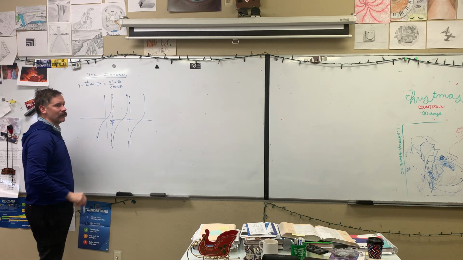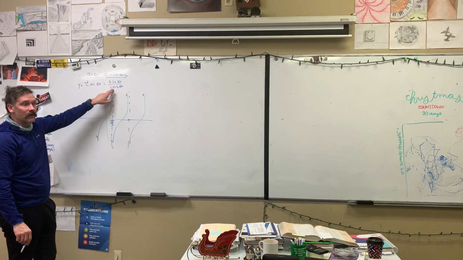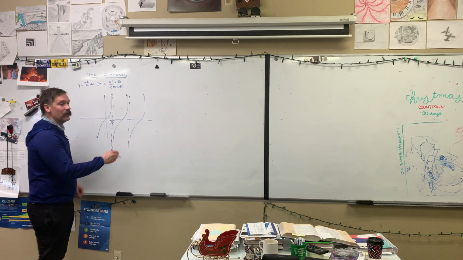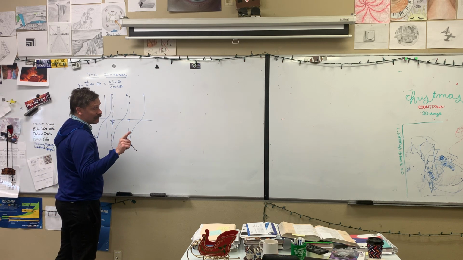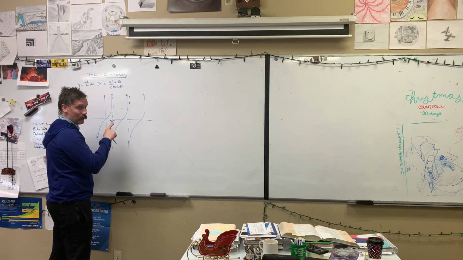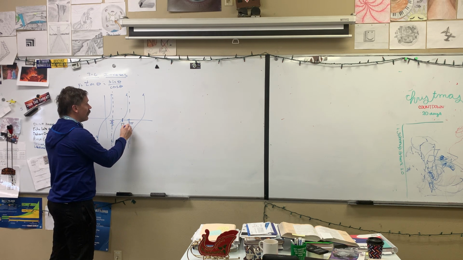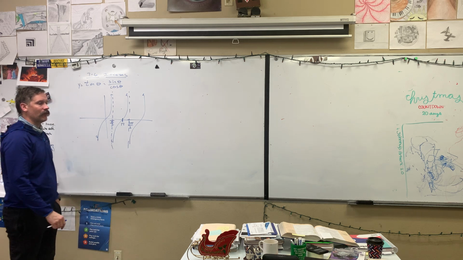Now, why is it pi over 2? Because that's where cosine is equal to 0. So pi over 2, and pi over 2 plus pi works, that would be right here at 3 pi over 2, and so on and so forth.